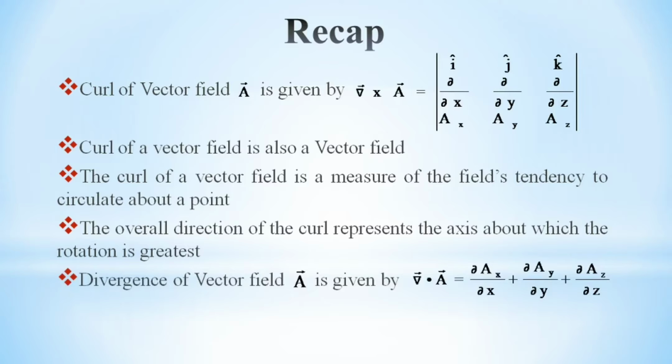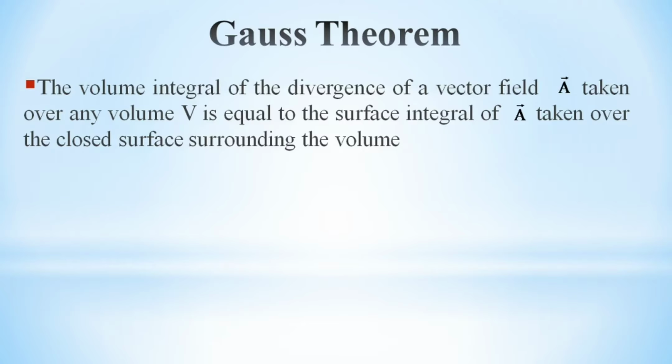Divergence of vector field A is given by del dot A is equal to dou Ax by dou x plus dou Ay by dou y plus dou Az by dou z. Gauss theorem. It states that the volume integral of the divergence of a vector field A taken over any volume V is equal to the surface integral of A taken over the closed surface surrounding the volume.